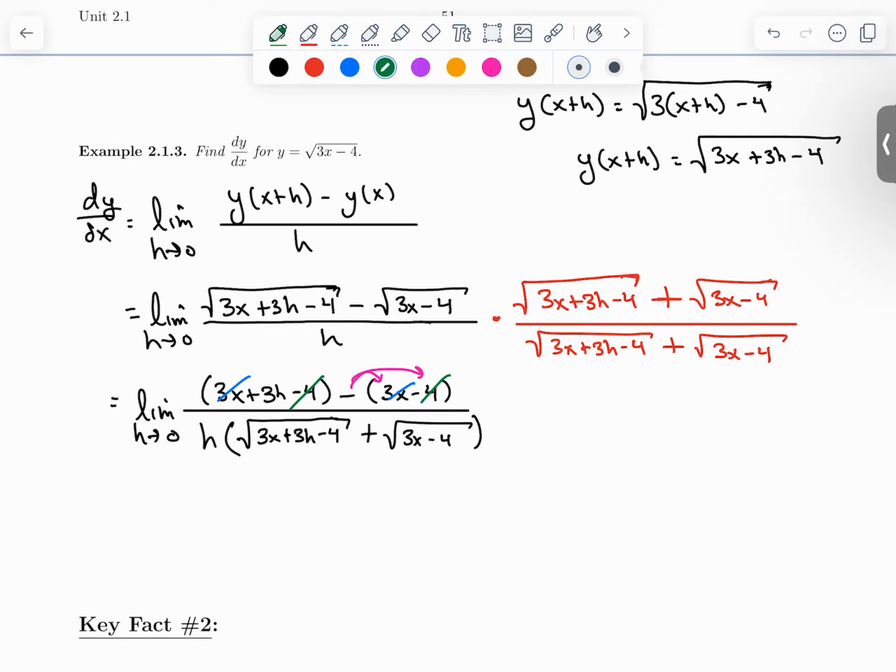So those cancel, and all we're left with is a 3h up top. So we get the limit as h approaches 0 of 3h divided by h times the square root of 3x plus 3h minus 4 plus an additional square root of 3x minus 4.